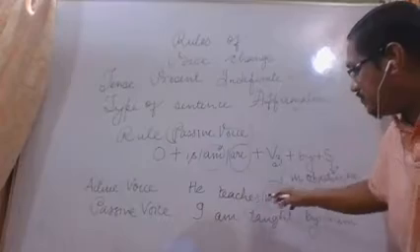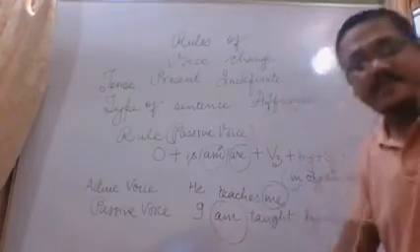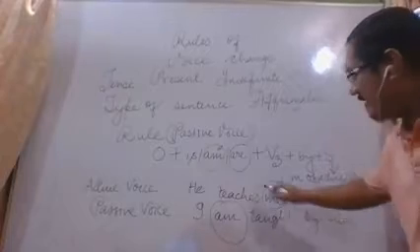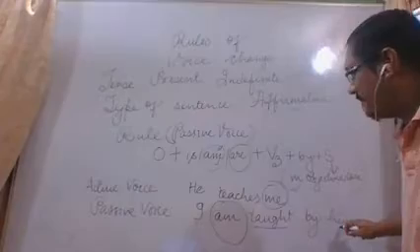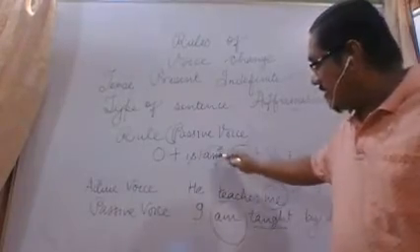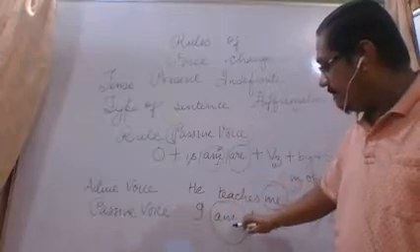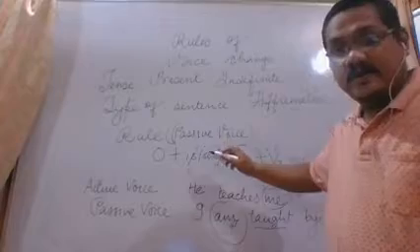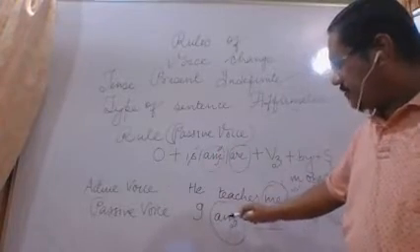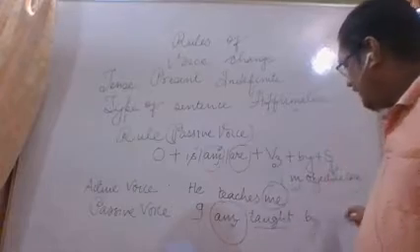He teaches me. I am taught by him. Are you getting my point? Instead of is, we are now using am. In the earlier sentence, we used is. Now, in this sentence, I'm using am. He teaches me. I am taught by him.